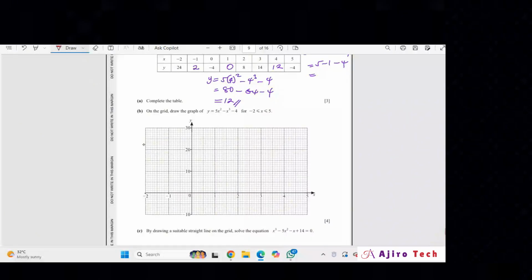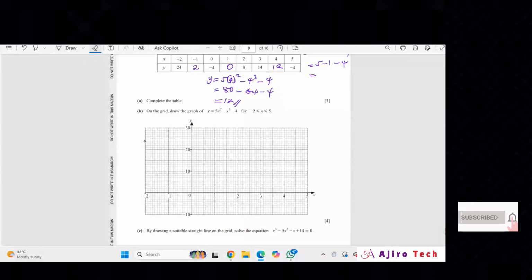I have 24 here. Let's put an asterisk on this point. I'm plotting the graph now. It's simple. So we have 24 there.